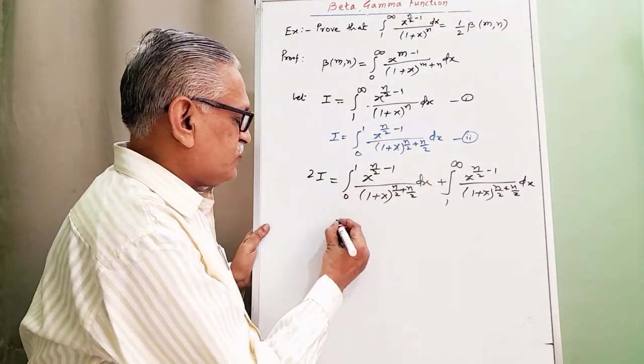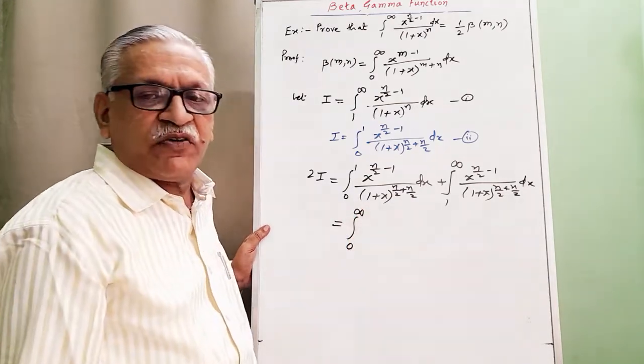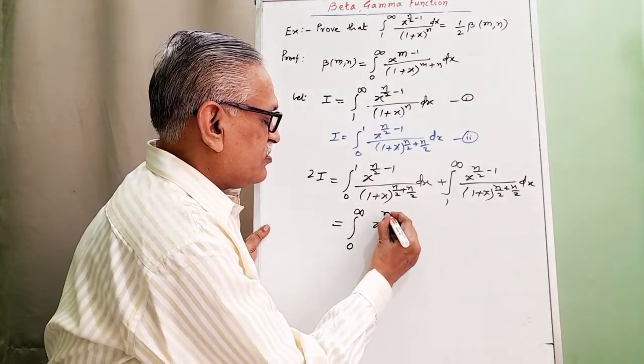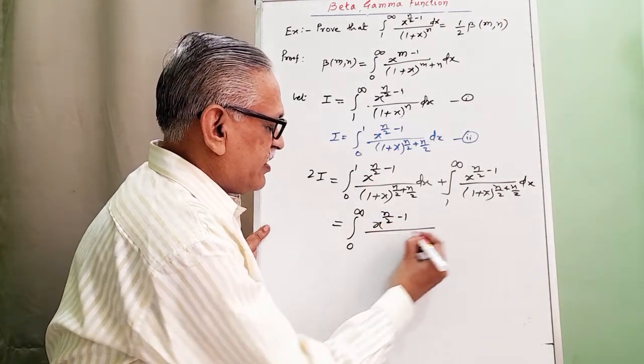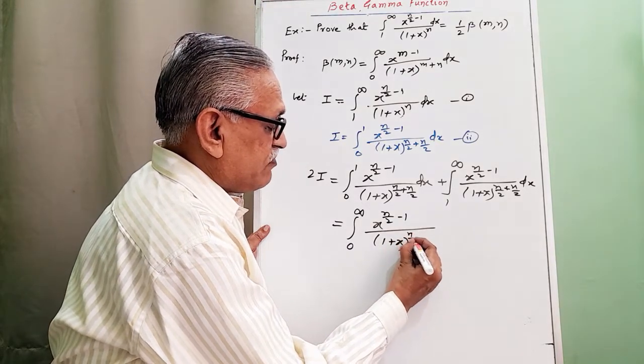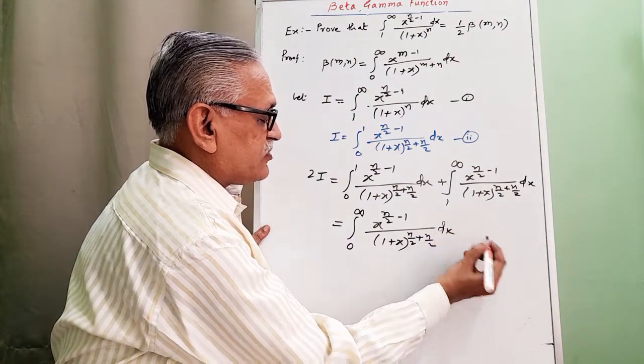Same integrand, and limits 0 to 1 and 1 to infinity. Combining these two, we get the limit as 0 to infinity, since 1 is in between. The integrand is x^(n/2 - 1) divided by (1 + x)^(n/2 + n/2), with respect to x.